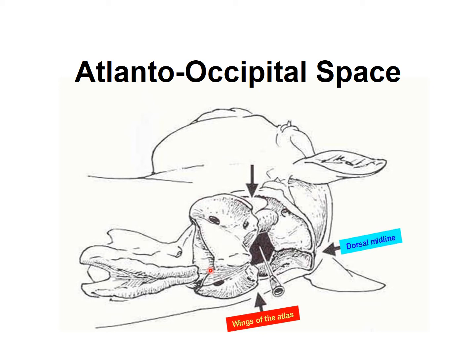So again, the landmark is very important. Cranial to the wings of the atlas on the dorsal midline, right where this needle is being inserted. And again, as I mentioned, usually flexing the head is a good idea to widen this area, to put pressure so you can push some more fluid into the space and you can collect it basically.